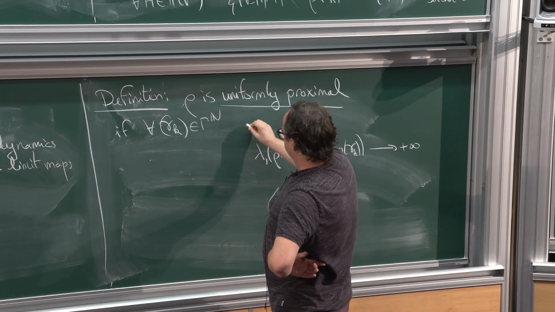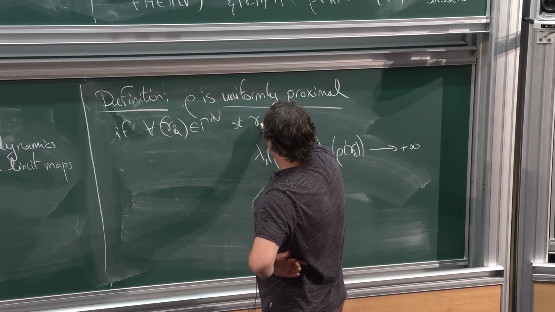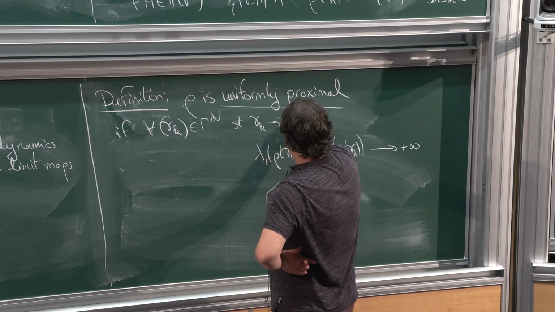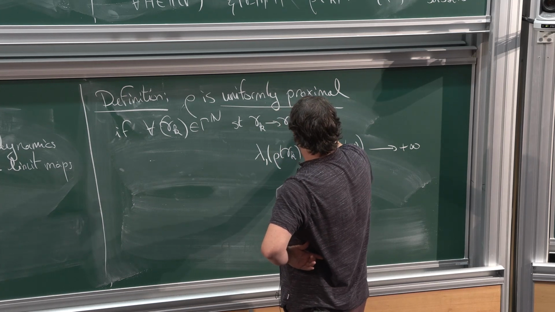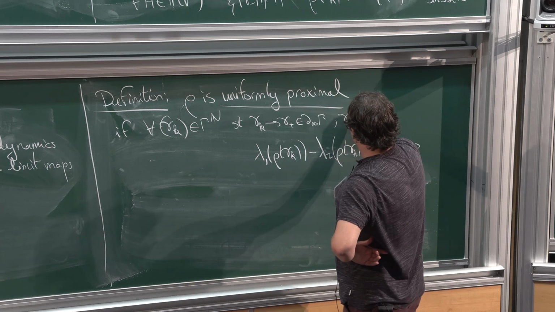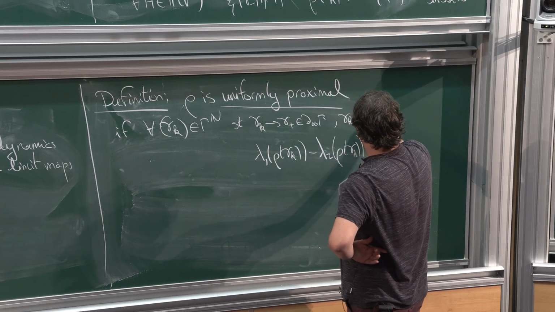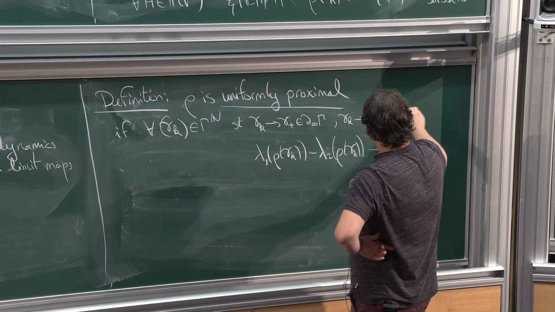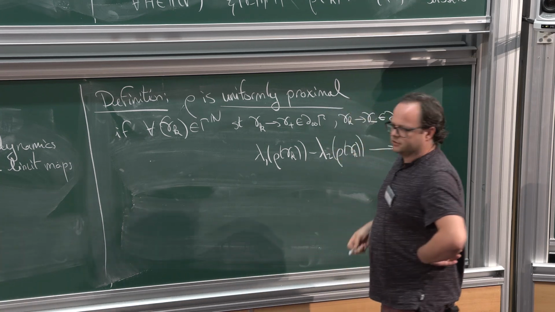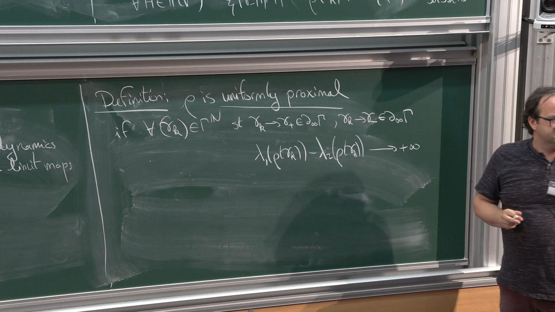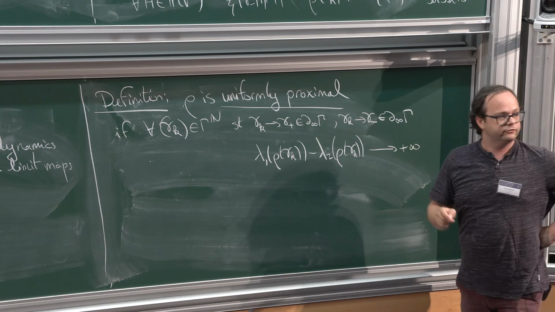And what we'll do is ask, as usual, for gamma k and gamma k inverse to have limits. And to make sure that they go through infinitely many conjugacy classes, we'll ask for these limits to be different.